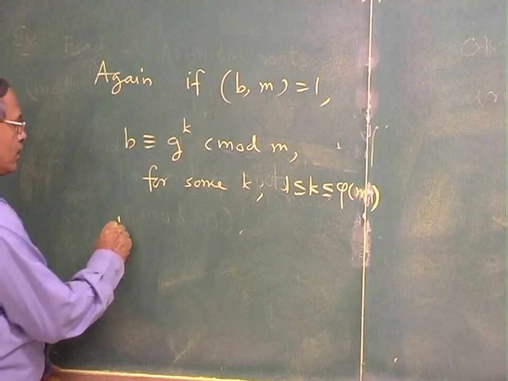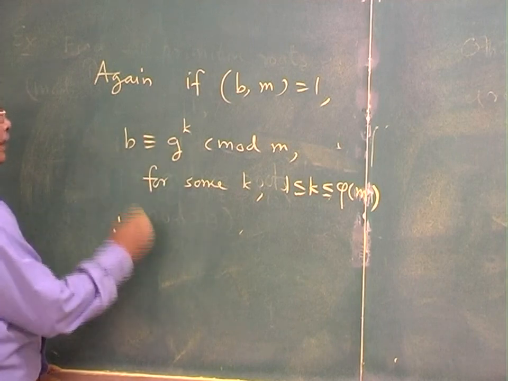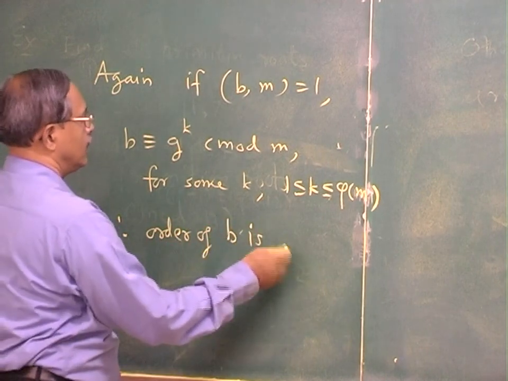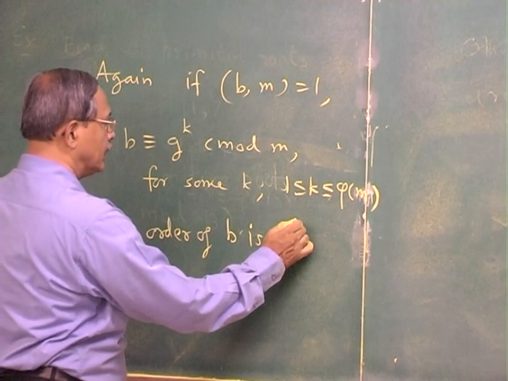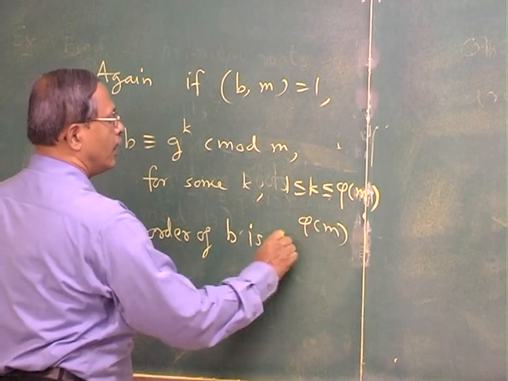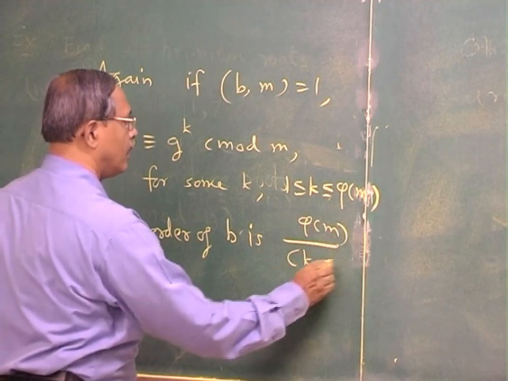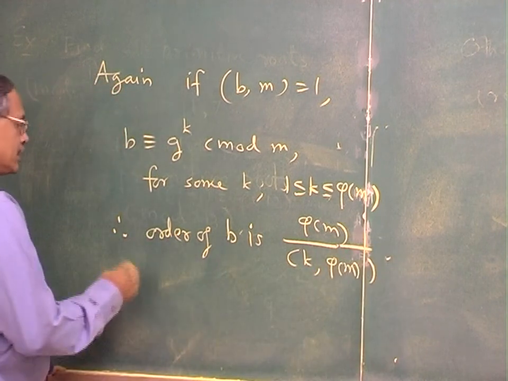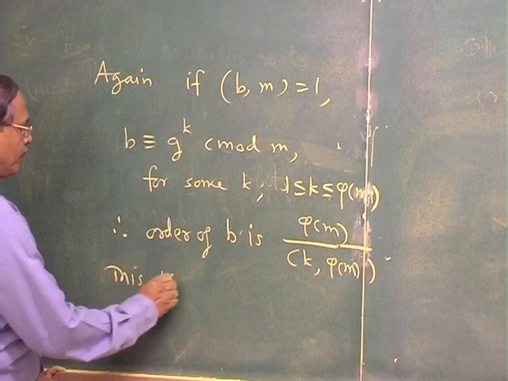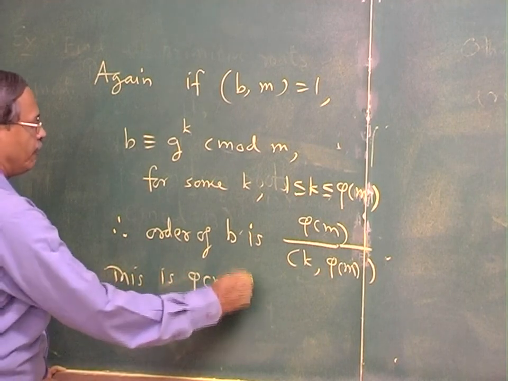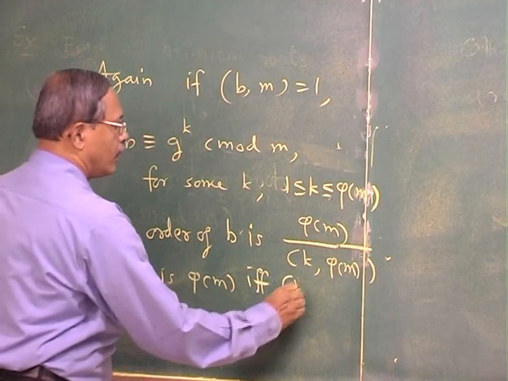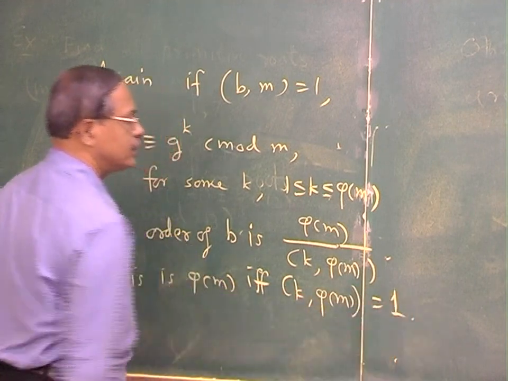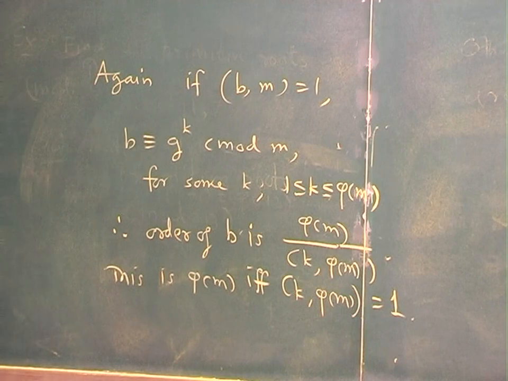And therefore, what is the order of b? It is the order of G, that is phi of m, divided by gcd(k, phi m). This is phi m if and only if gcd(k, phi m) equal to 1.